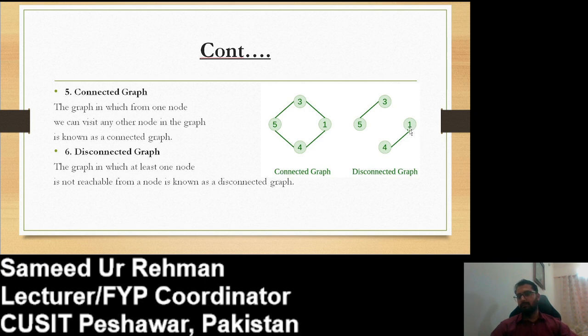If we want to traverse that graph, from 1 only 4 will be accessible. These two are disconnected. 5 will be accessible from 3, and 3 will be accessible only from 5. 4 will be accessible from 1, and 1 will be accessible from 4 only. So these two are not connected. That's why this is called a disconnected graph. By definition, at least one node cannot be reached from some node from which we start to traverse that graph.